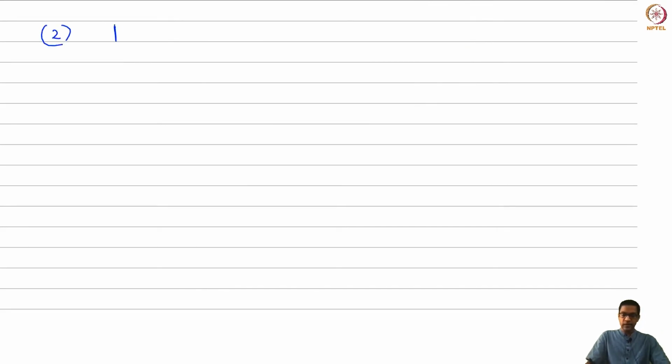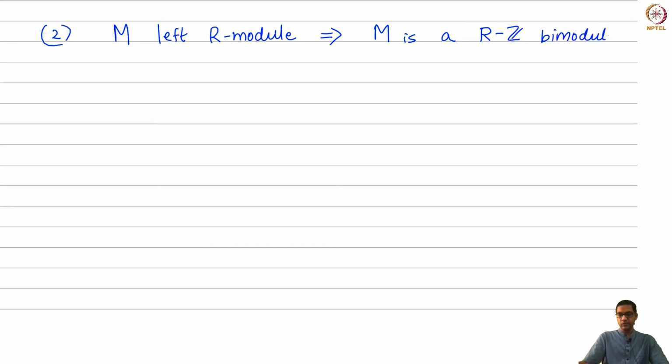Secondly, suppose M is a left R module, or similarly a right R module, you can actually think of it as a bimodule. A left R module is nothing but a bimodule where the ring on the right I just take to be the integers.